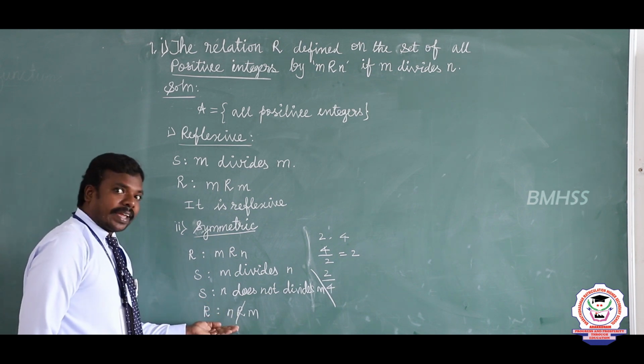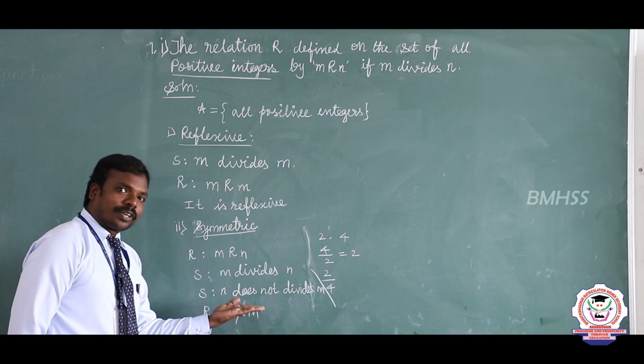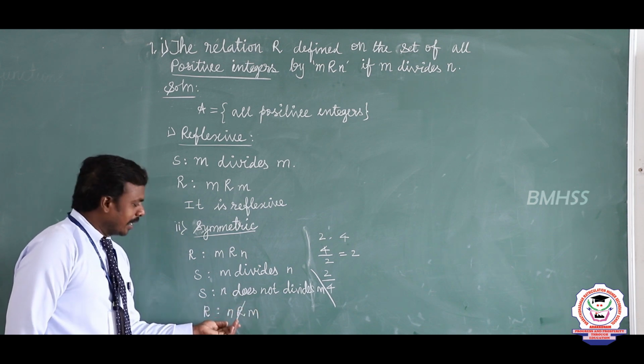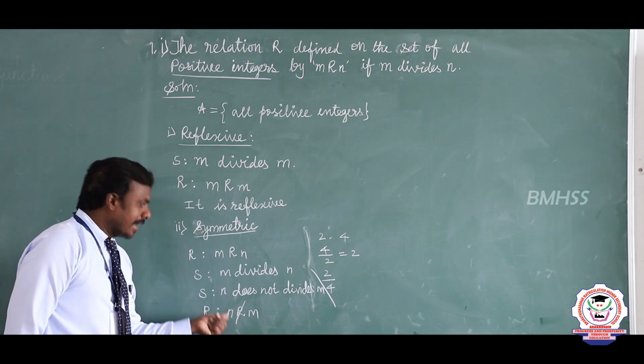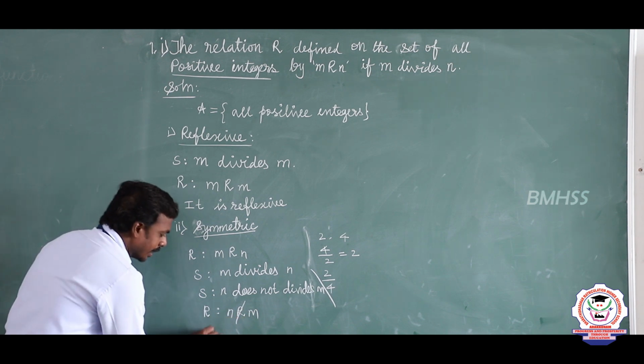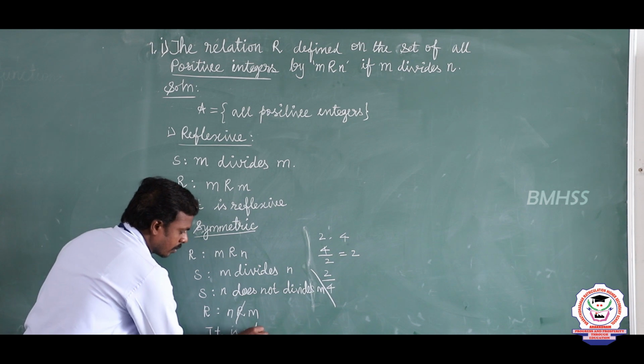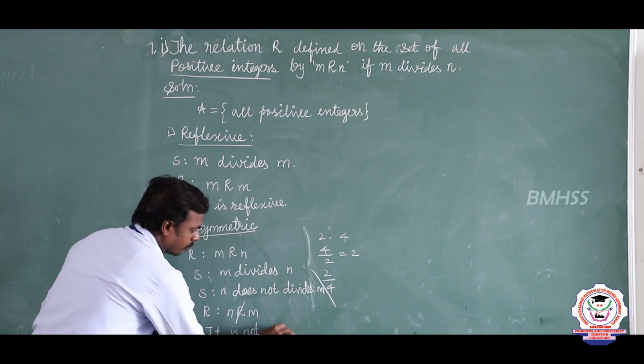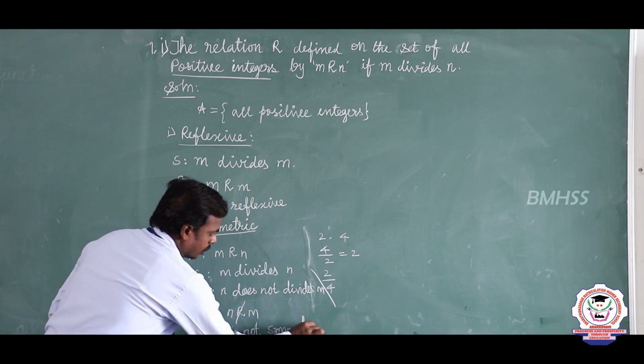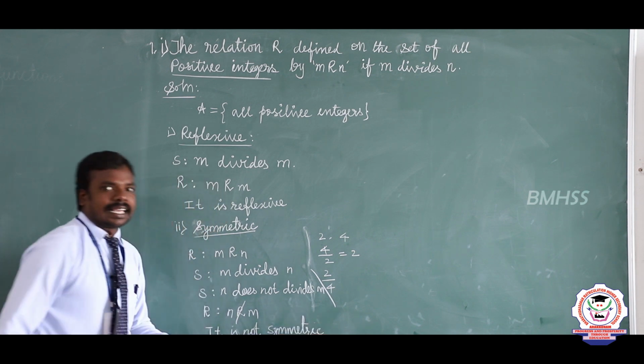If n is related to m were satisfied, it would be symmetric. Here it is not satisfied because n is not related to m, so it is not a symmetric relation.